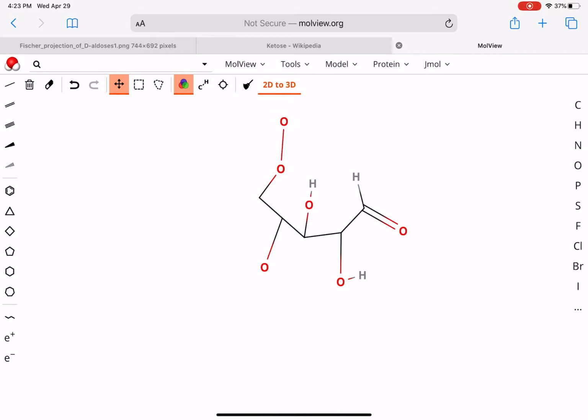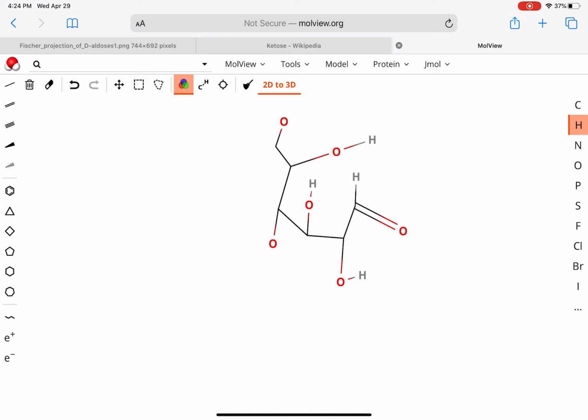It's more cozy. I keep losing my hydrogens on my oxygen, but I'll bring them back. So it starts to curl itself up like this. And when it curls itself up, this particular oxygen right here, which should have a hydrogen on it, let's put that hydrogen back.